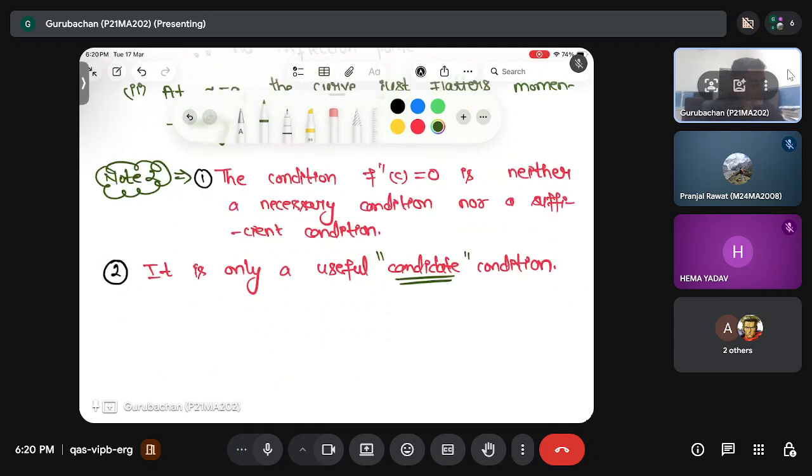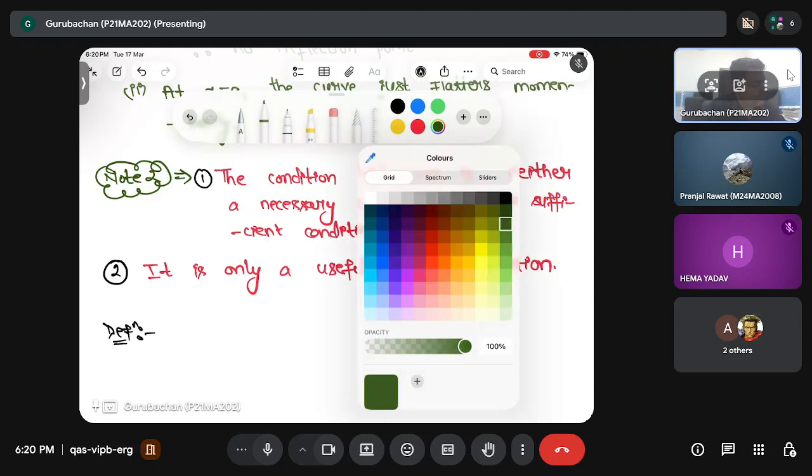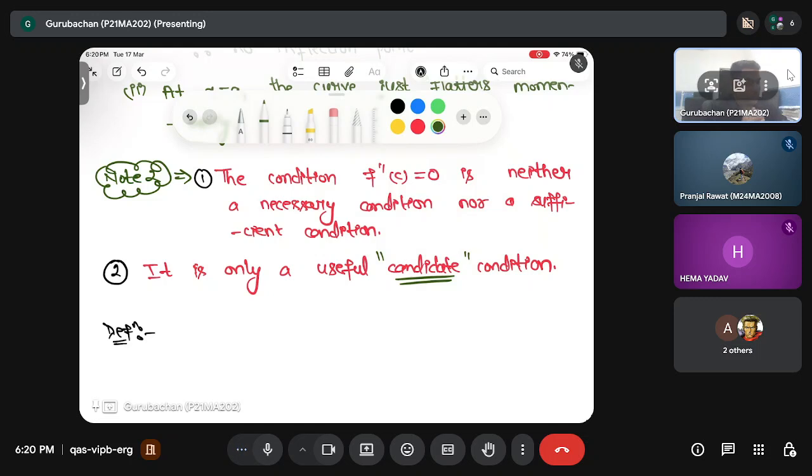How? To discuss that, we shall first mention the exact definition of an inflection point. We'll go step by step. First of all, we discuss the inflection point. Then we discuss why this condition is neither necessary nor sufficient, and what will be the exact thing by which we can judge inflection points.